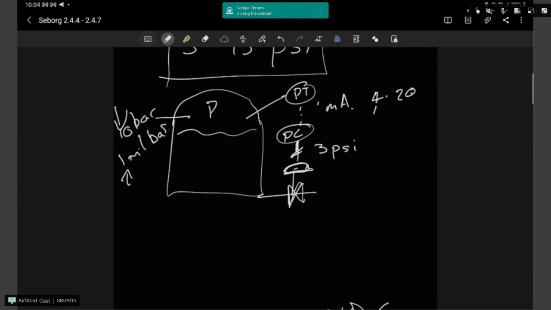Air is supplied to it, and it regulates the air which comes out here to operate the diaphragm. Then obviously some pressure on top of this pushes the valve stem down, and a spring return which is contained in this portion pushes the valve up, and that's basically how a control valve works.